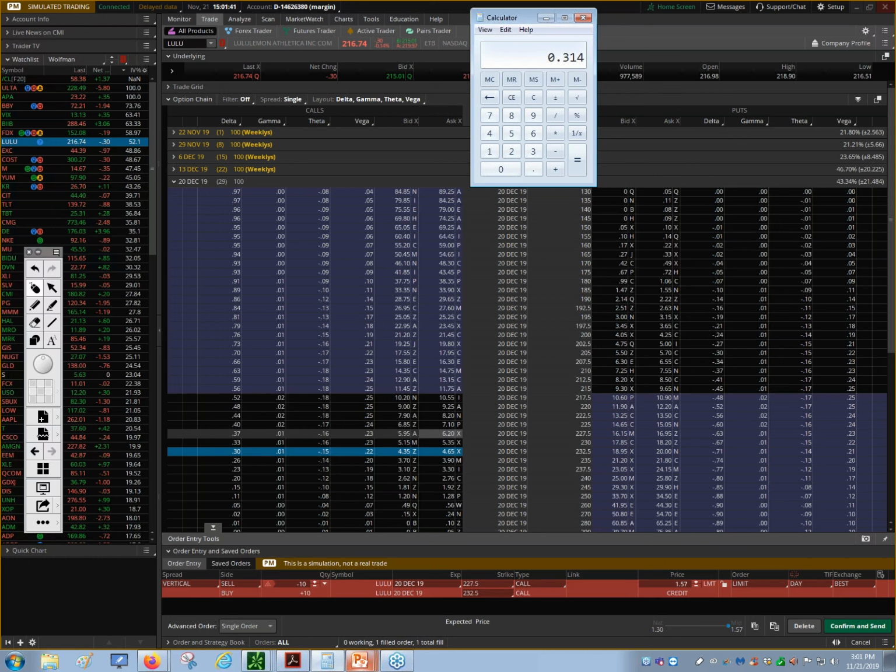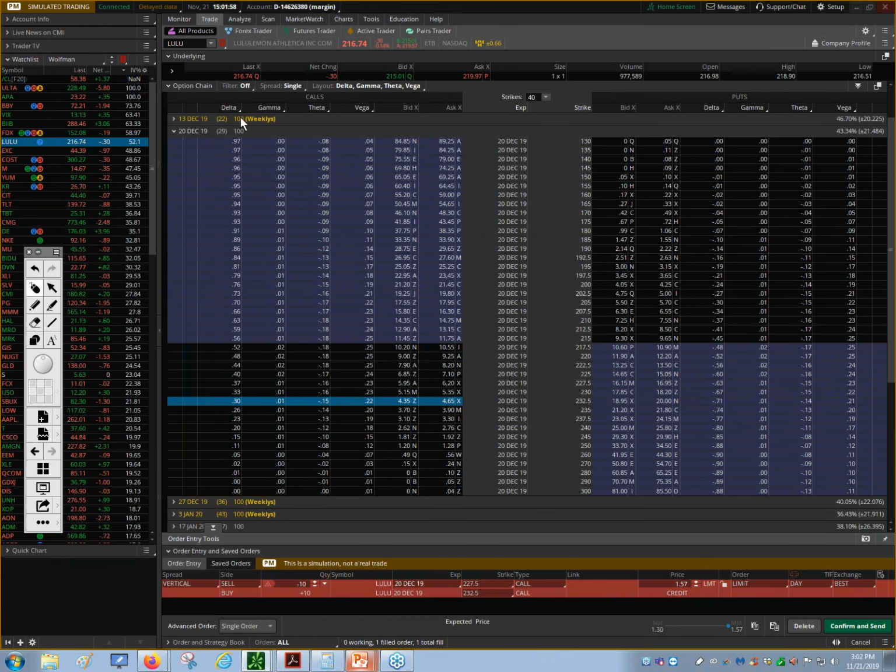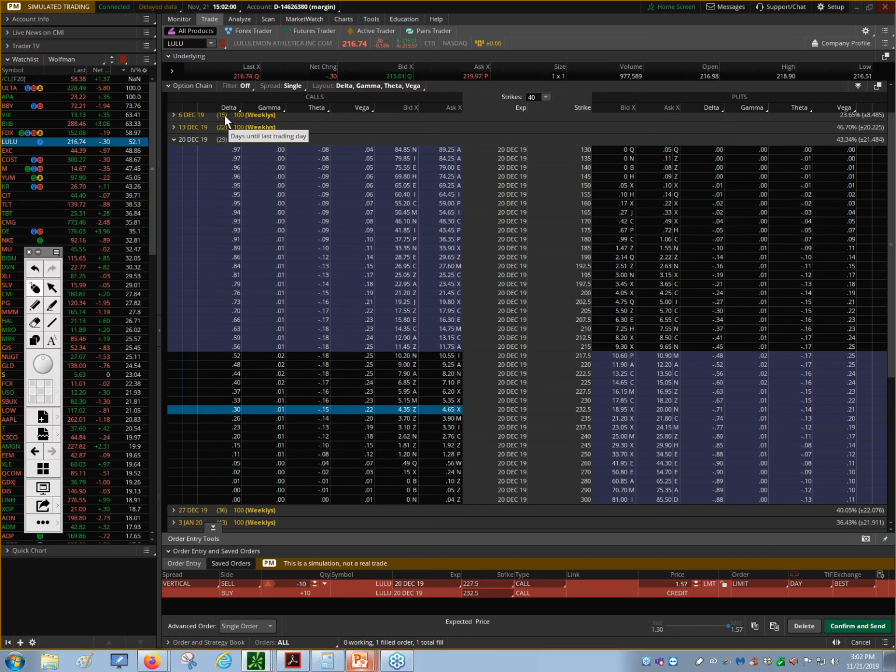If you don't have a good choice for 35 days out, do you go out another month? Yes. When these options are trading at around 15 days to expiration, you are probably going to be right in this wheelhouse.